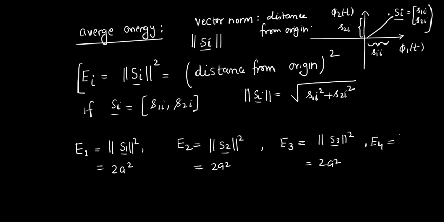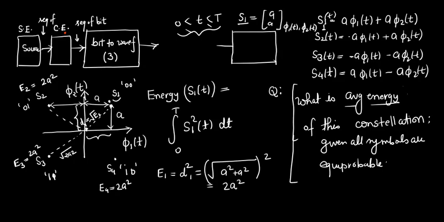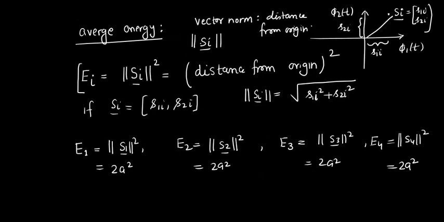So, energy of all the waveforms is 2a square. ठीक है? So, now you can see how each waveform can be geometrically represented by a vector.